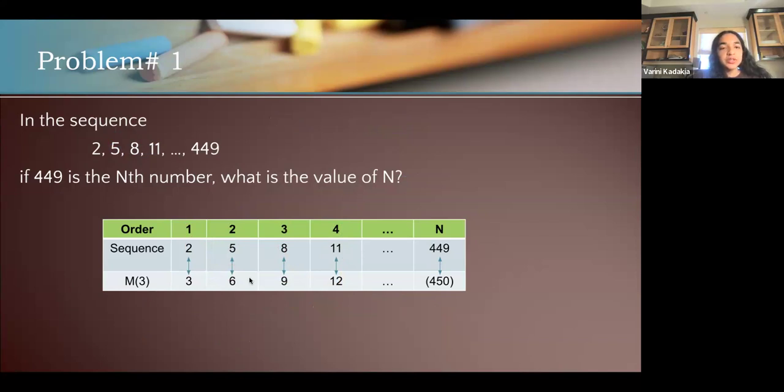So what we need to do is find what position 449 is at, right? That is what our main problem is, correct?